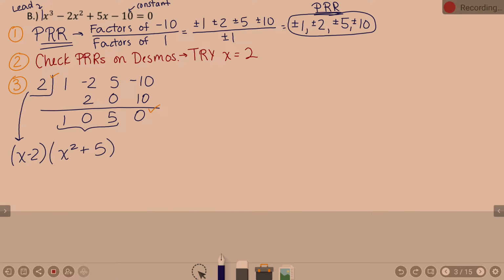It doesn't. And so in all honesty, what you just found right there is your factored form. Well, we still have to find our other solutions, but because x squared plus 5 doesn't factor into 2 real factors, we're going to find imaginary solutions next.